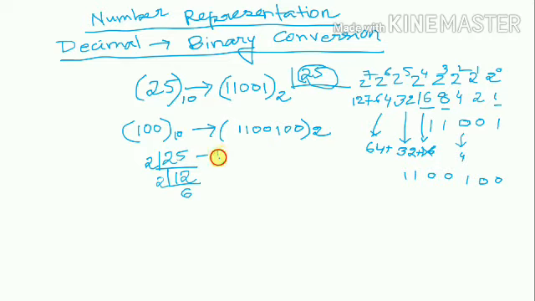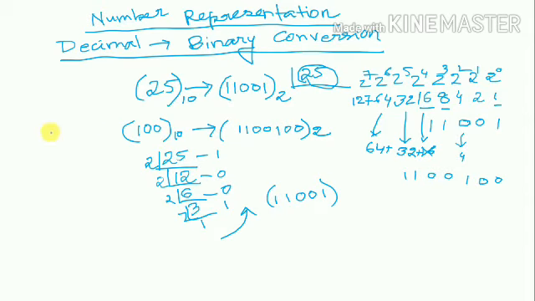The remainder here is 1, here the remainder is 0, here the remainder is 0, then 2 times 1, the remainder is 1. Now from this direction you will count the numbers, so it will be 1 1 0 0 1. So this is the binary of 25.